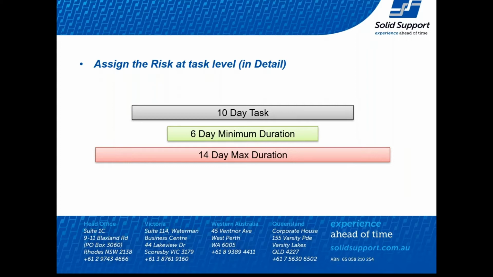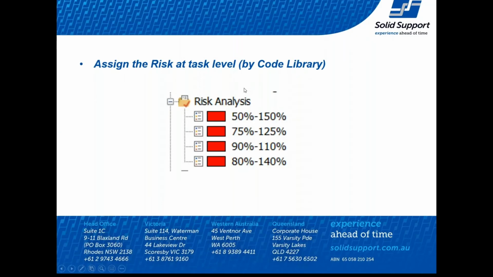Now at detailed level, people would go in and set a minimum maximum duration, basically the risk of that task happening at a task level. But again, some people want to go down to that level. What other people would want to do is, you can create inside Powerproject, if you know how to use Powerproject, a code library and literally set the percentages instead.